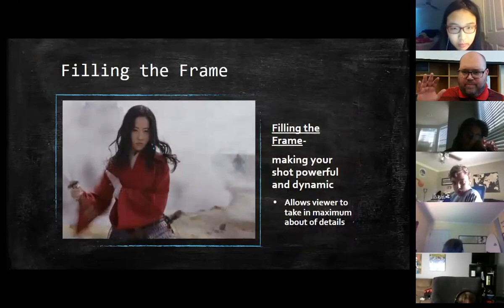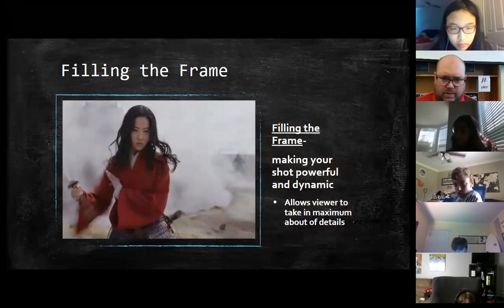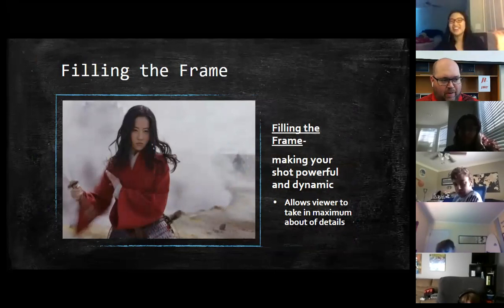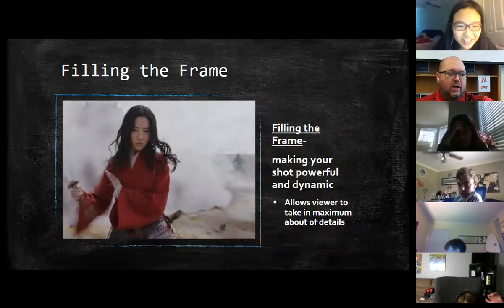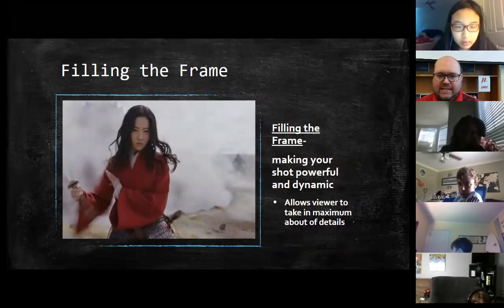And our second composition rule is called filling the frame. Okay, this one I took from the new Mulan movie, and it's right about the waist, so this is a medium shot. But you can see that Mulan is on the left vertical third, so she's not in the center, right?